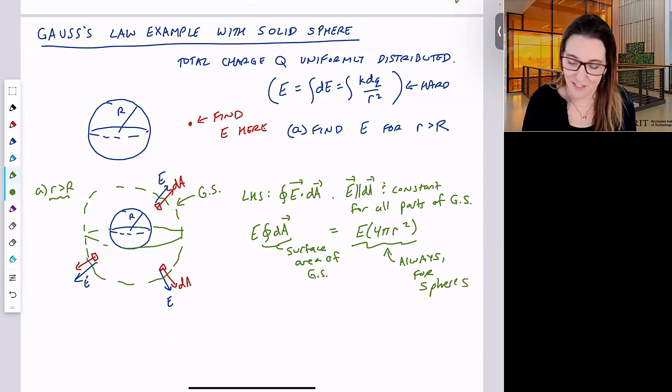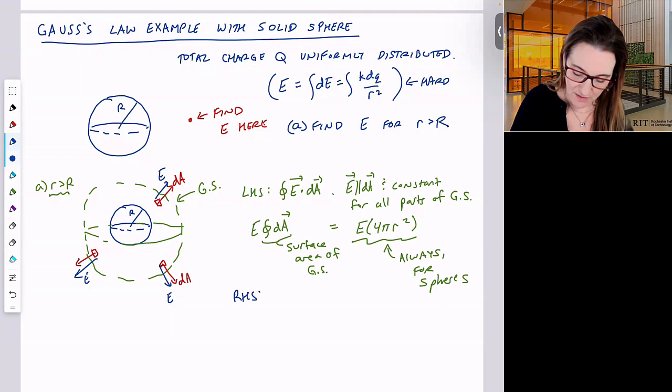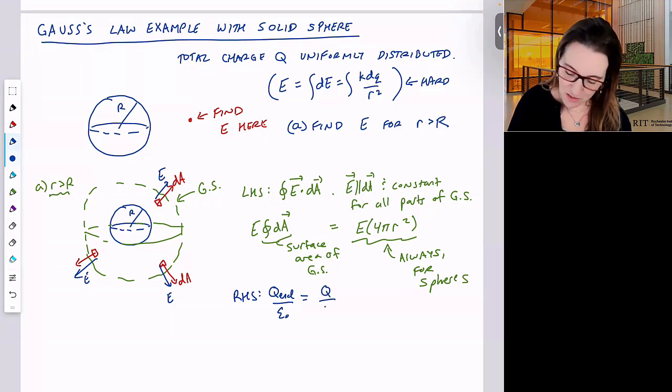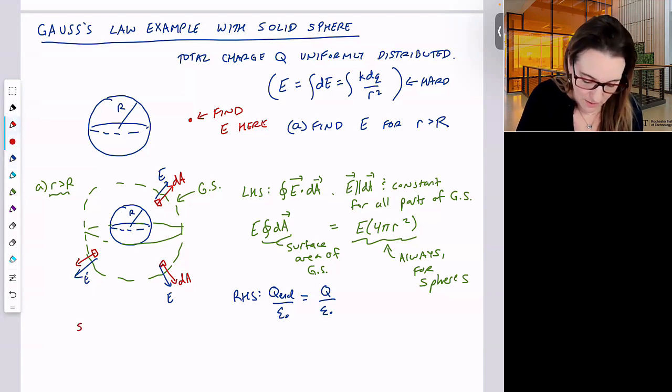This is always the result for spherical symmetry. All right, so our left-hand side is done. Right-hand side: the right-hand side of Gauss's law is Q enclosed over epsilon naught. In this case, what am I enclosing? Well, I'm enclosing the total charge, so this is nice and easy. It's Q over epsilon naught. Now I do my last step, where I set the left-hand side equal to the right-hand side.